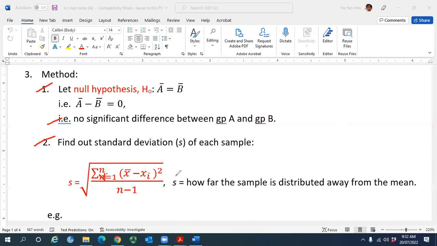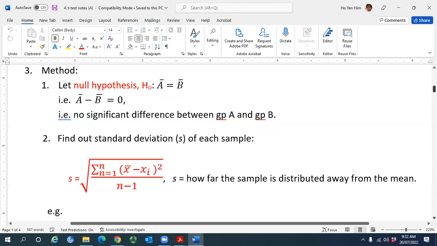After I show you, okay? So calculate standard deviation. You already know that standard deviation is the distribution of the data around the mean. So how far the sample is distributed away from the mean. So next step is after calculating standard deviation.